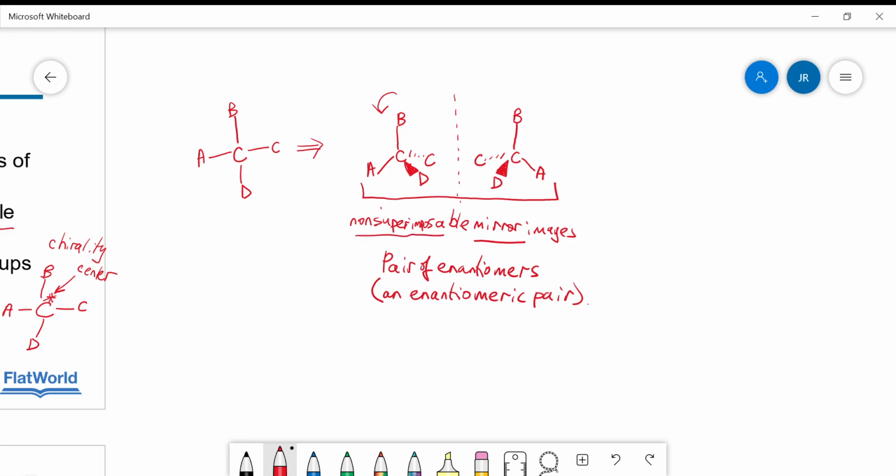How do you know they're non-superimposable? Well, try it. All we can do is rotate. So if I were to take this chemical on the right and rotate 180 degrees, so essentially I basically flip the C and the D over.